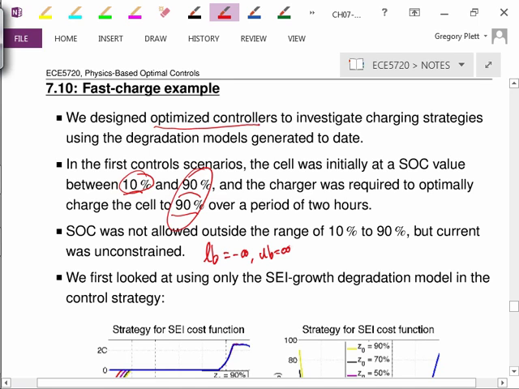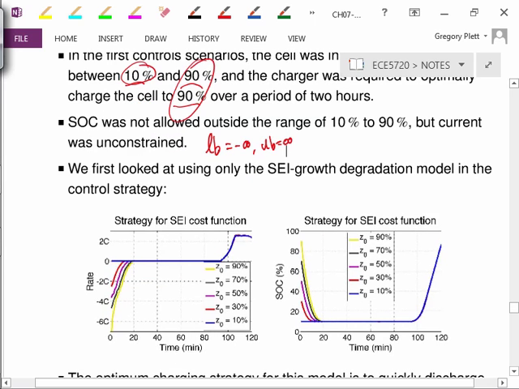And fmincon has ways of incorporating that in its procedures to basically just remove those constraints. So current could be anything in the simulations that we did. SOC was between 10 and 90%, and we wanted to start with some initial SOC and after exactly 2 hours attain 90% SOC. And in the process, we wanted to minimize the capacity, the lithium that was lost due to side reactions.